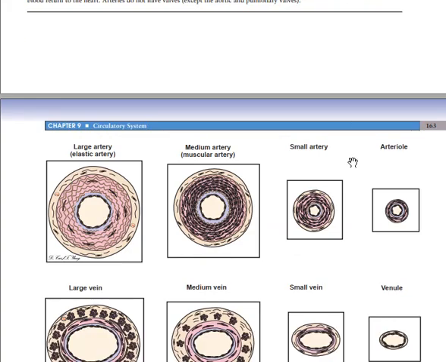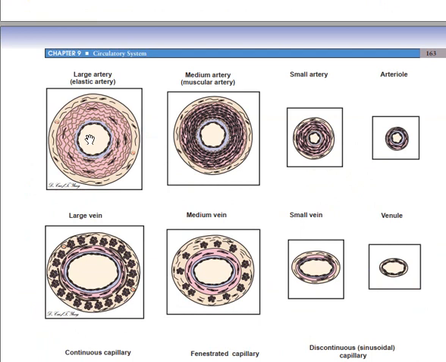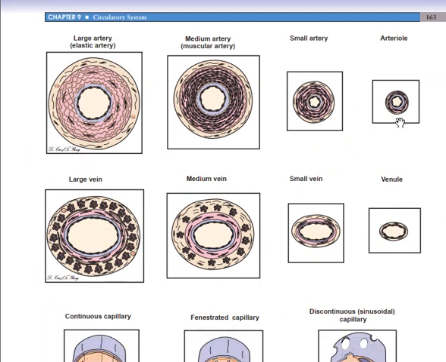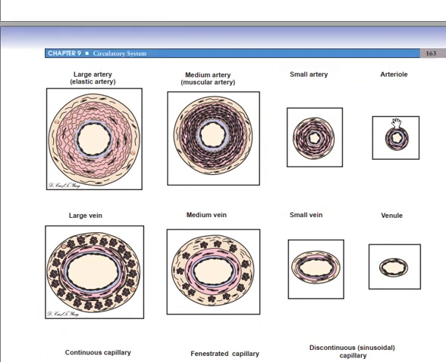Now the next thing to visualize are the various diagrams for the arterial, venous, and capillary systems. This is the diagram for the arterial system. We have the large arteries, generally a schematic diagram. Medium arteries, also a schematic diagram. Small arteries, and arterioles.